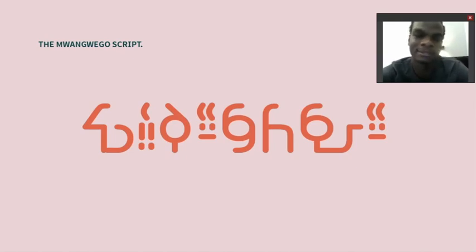It becomes a very tedious process to come up with books. As you have seen from the book that I showed you earlier by Mr. Mwangwego, it was handmade, and you can see that a lot of work was put into making that. It would have been easier if there was a font to make the work much less. So yeah, that's basically it.